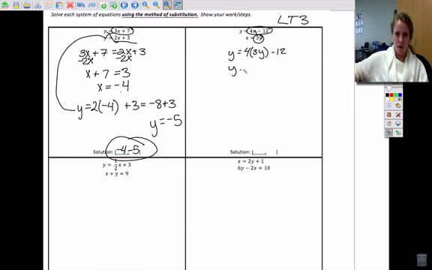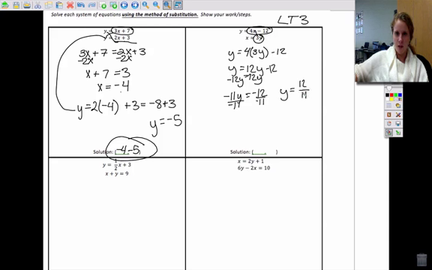So that's going to be y equals 12y minus 12. And what I'm going to do is subtract 12y from both sides. And that's going to give me negative 11y equals negative 12. So y is going to equal, negative divided by a negative is going to be a positive, 12 over 11.